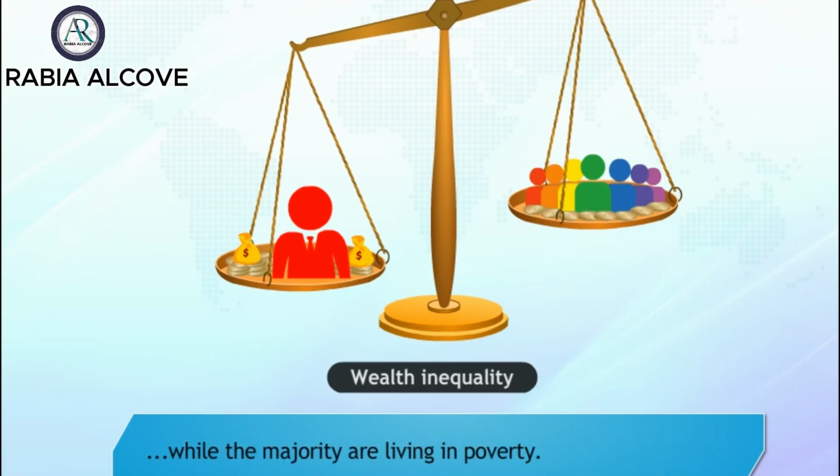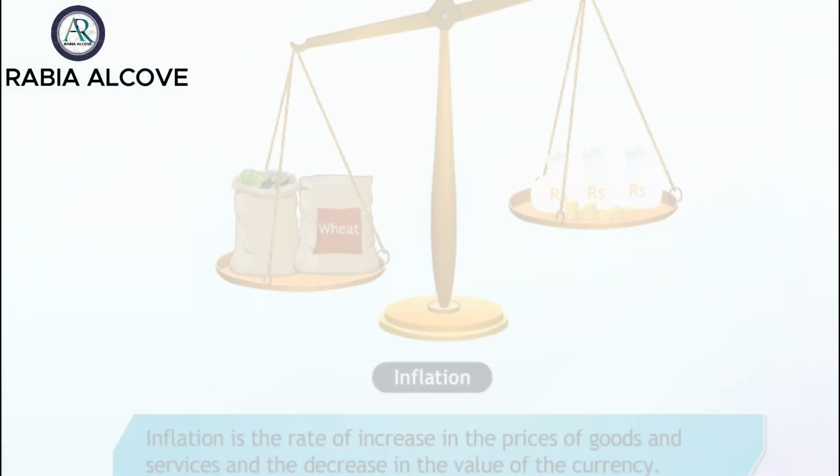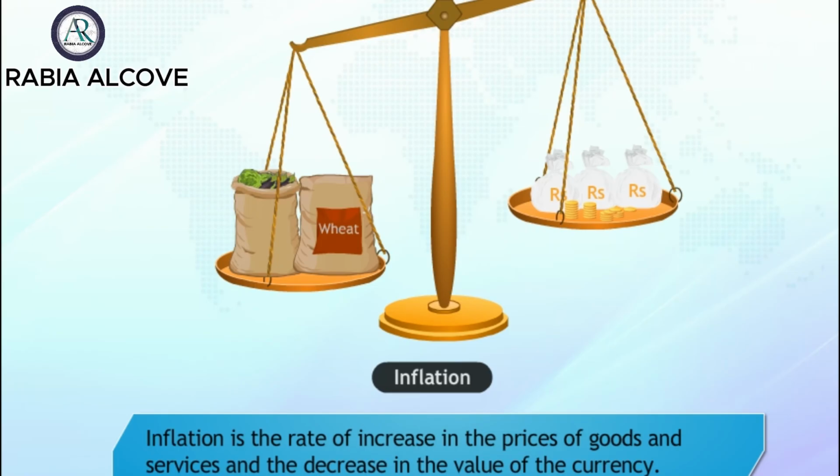Inflation is the rate of increase in the prices of goods and services and the decrease in the value of the currency. If a country has an inflation rate of 10% per year, it means that people will be purchasing the same goods or services for a price that is 10% higher than the previous year.